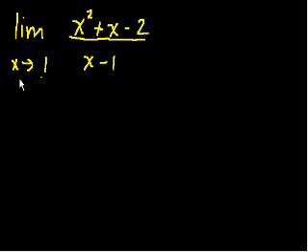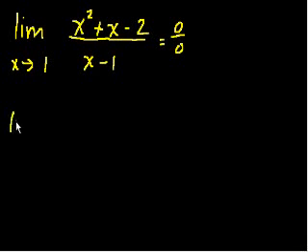Well, once again, let's see what happens when x equals 1. You get 1 squared plus 1, so it's 2, minus 2. You get 0 over 0. So once again, we get 0 over 0, and we have to do something to simplify it. Well, let's factor the top.